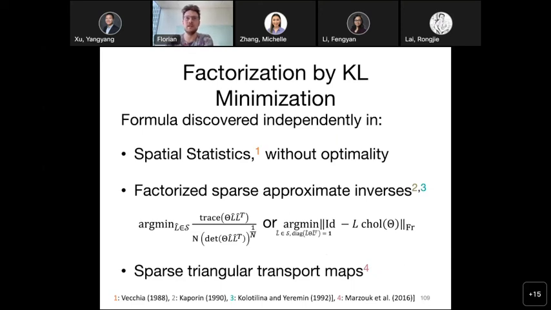So this can be seen as a form of Vecchia approximation through the spatial statistics lens. It can also be seen as a factorized sparse approximate inverse, where it was obtained as a minimizer of the Kaporin condition number, or a Frobenius norm fidelity term with a diagonal scaling constraint. And finally, a nonlinear version of this has been studied by Youssef Marzouk and his group in the context of nonlinear transport maps.